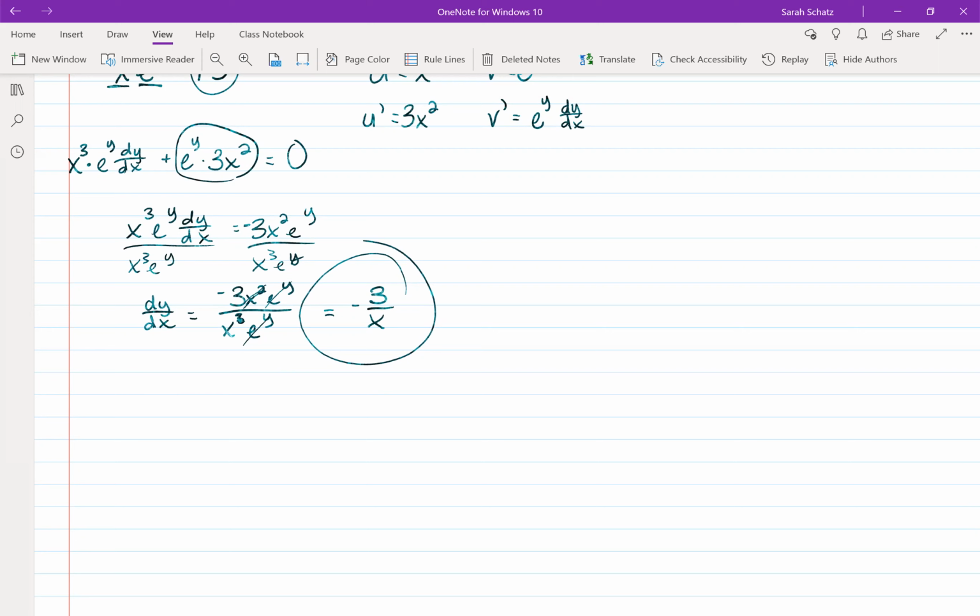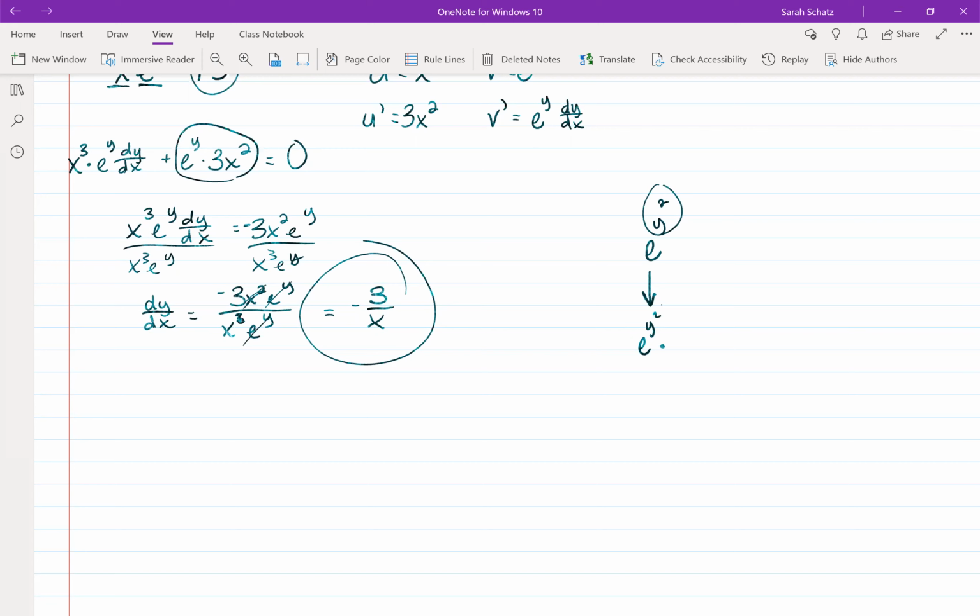One thing I want to do is, you guys, what if you had, and I don't know if it's going to come up or not, but we did e to the y a lot. What if I had like e to the y squared? Or something like this where it's more than just y here. Well, just remember how you would treat it if it was e to the x squared. And then you're just going to add on a dy/dx at the end. So first of all, you would bring the e term down as is, because you always do. So you're going to bring down the e to the y squared.